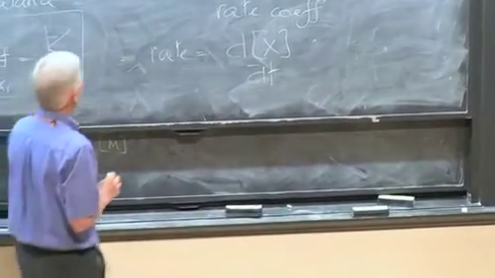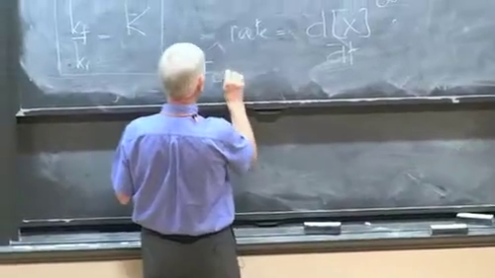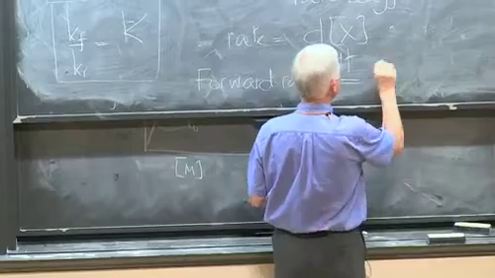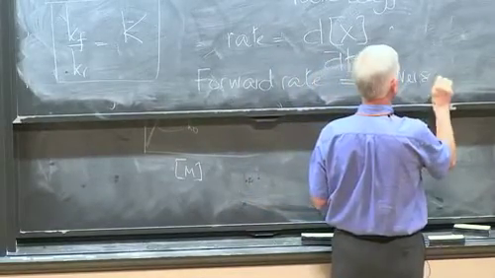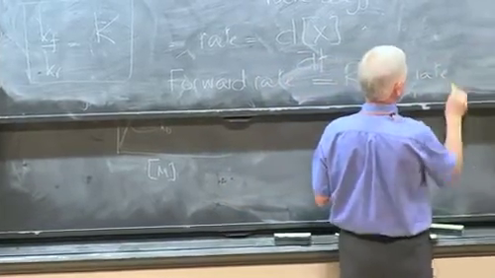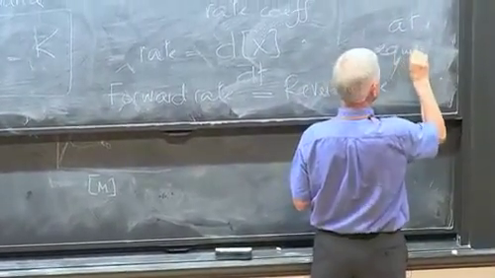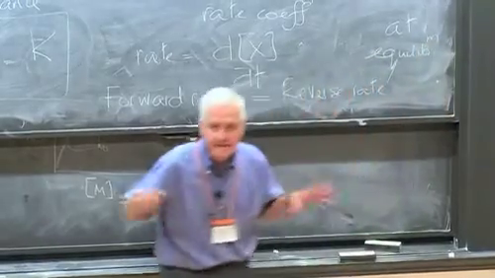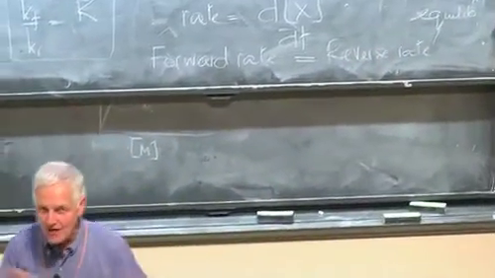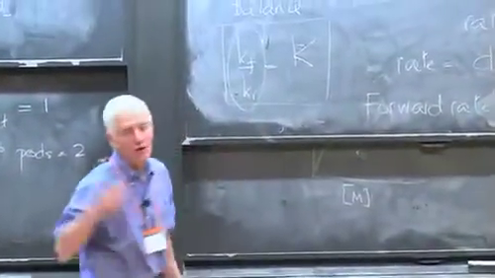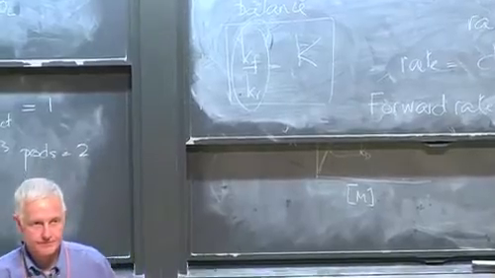And the forward rate is equal to the reverse rate at equilibrium. It isn't equal to the reverse rate away from equilibrium. So the forward rate will only equal the reverse rate at equilibrium. But the forward and the reverse rate coefficients are always related to that equilibrium constant.